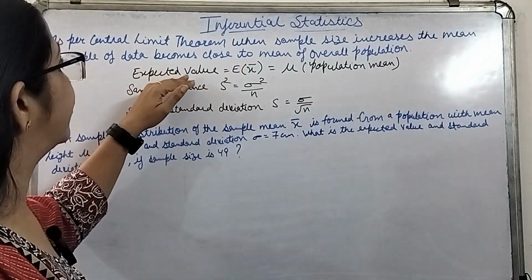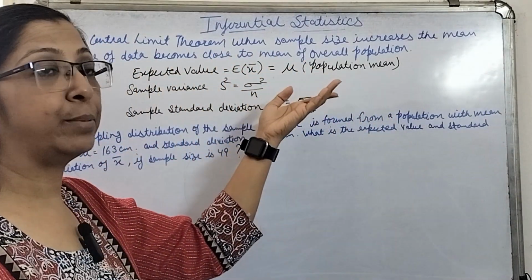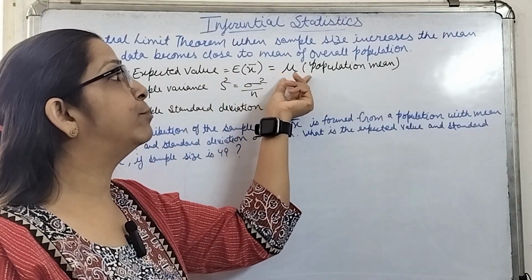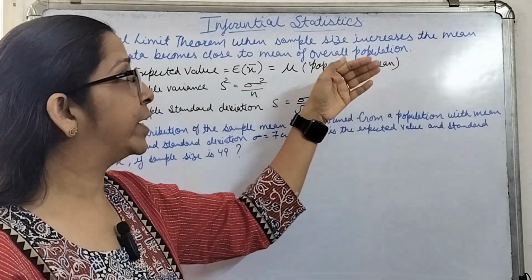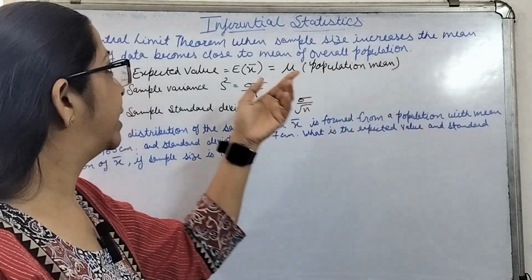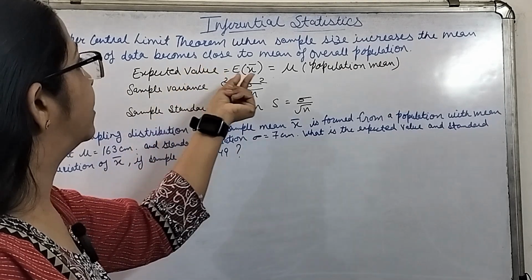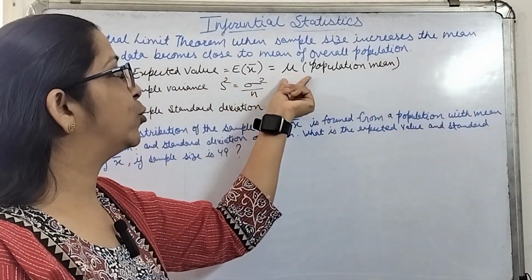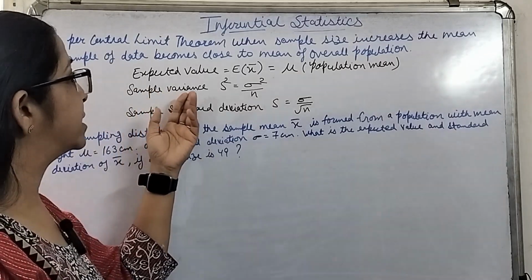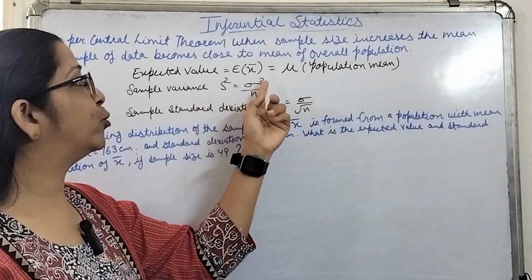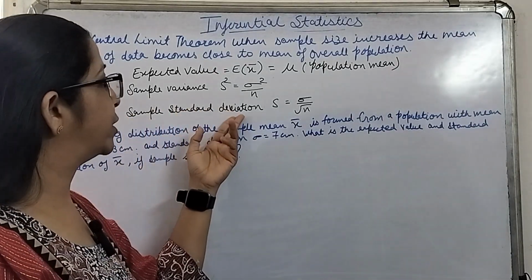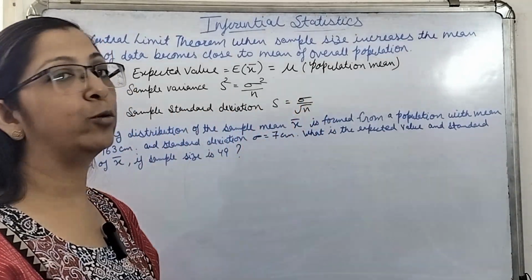That simply means the expected value from the sample, E(x̄), is almost equivalent to μ, the population mean, when your sample size is large. In that case, the sample variance S² will be equivalent to σ²/n. Similarly, the sample standard deviation S will be σ/√n.